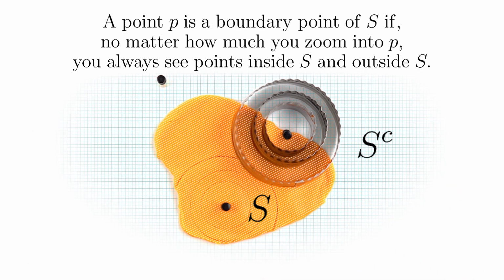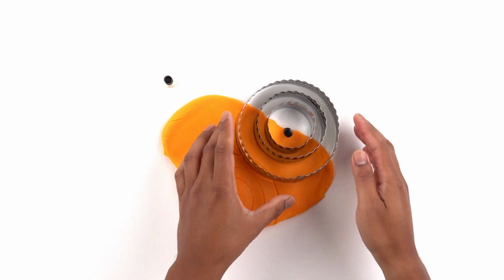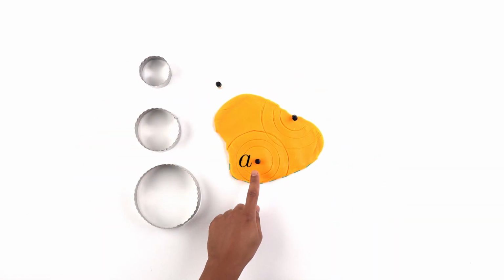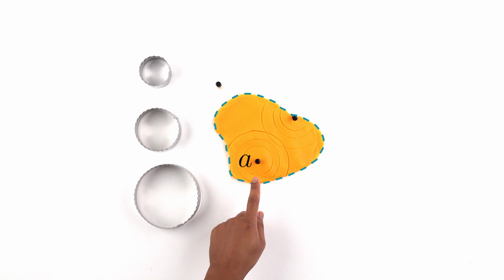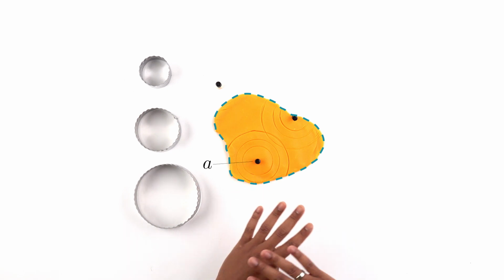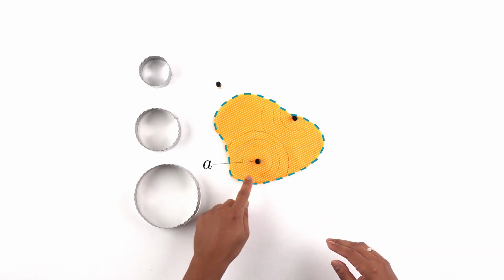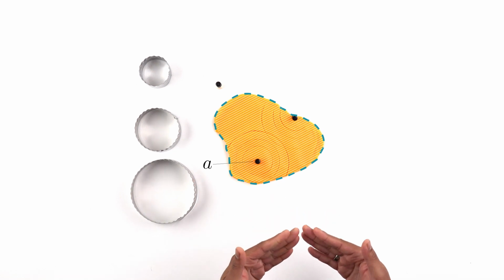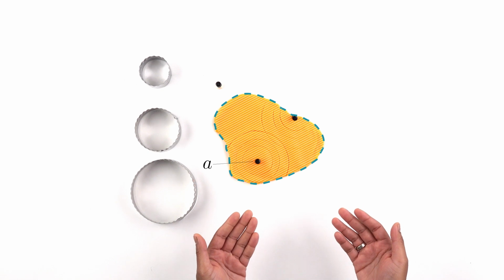Now, let's go back to our 2D mango. Is the point A a boundary point of S? Intuitively, no. It is entirely inside the mango. To check that the formal definition matches this intuition, we must negate it.